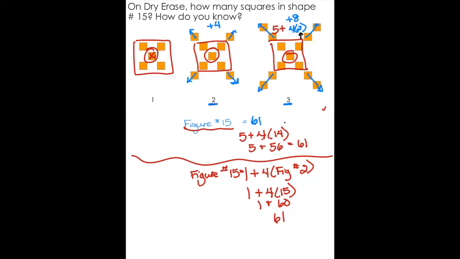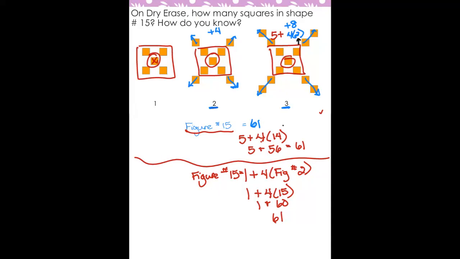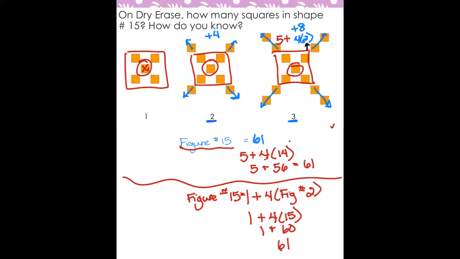I saw that 4 was being added each time, so I just kept doing that. Okay, so I think that was the same as Cameron's too. Yeah, good. All right. Any questions about these? Are you liking these? Are you getting them a little better?